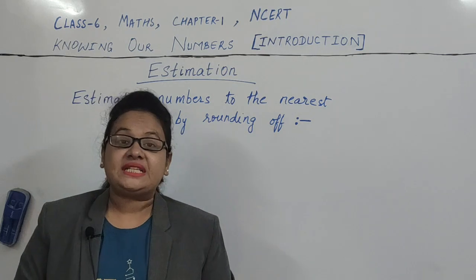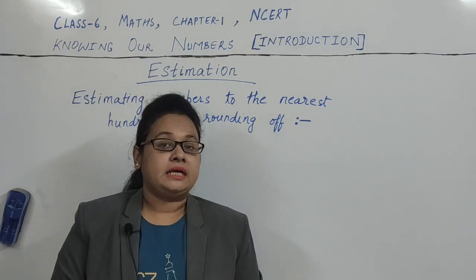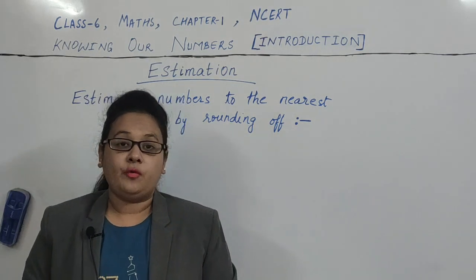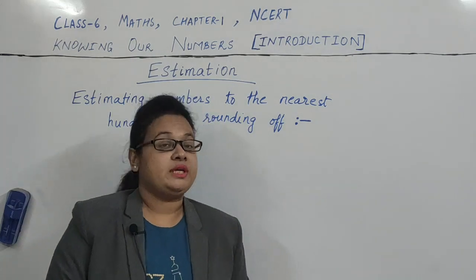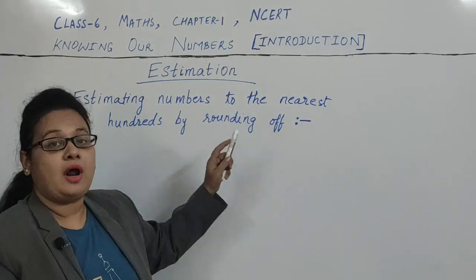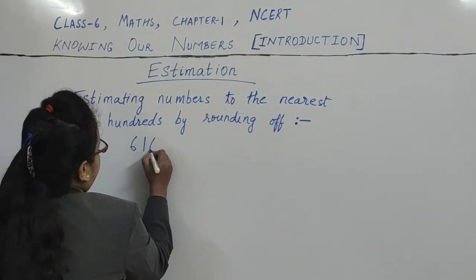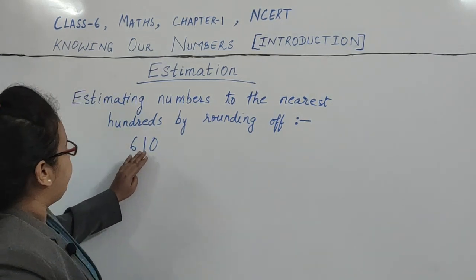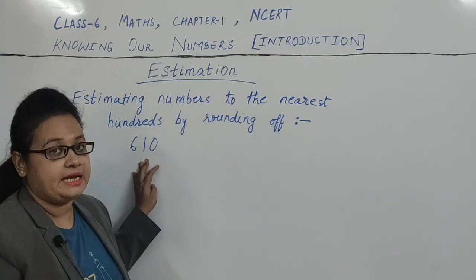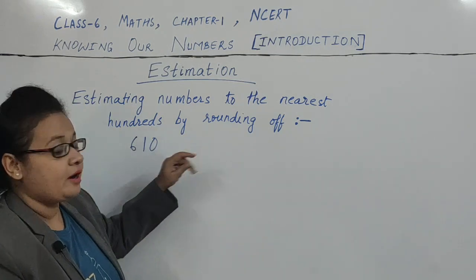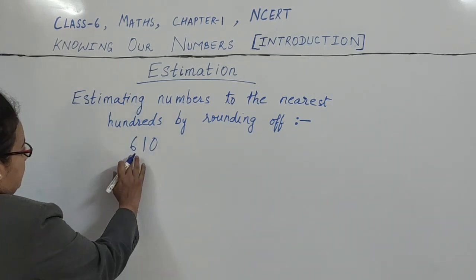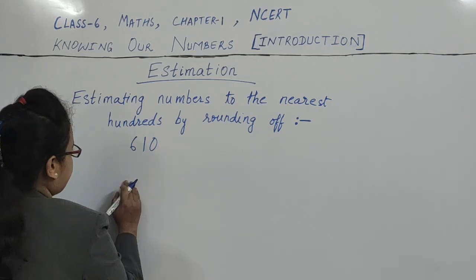Just now we learned to estimate numbers to the nearest tens by rounding off. Now we will learn to estimate numbers to the nearest hundreds by rounding off. So let us take one example. 610. We have to estimate this number to the nearest hundreds by rounding off. So what we will do? What is the nearest hundreds for this?